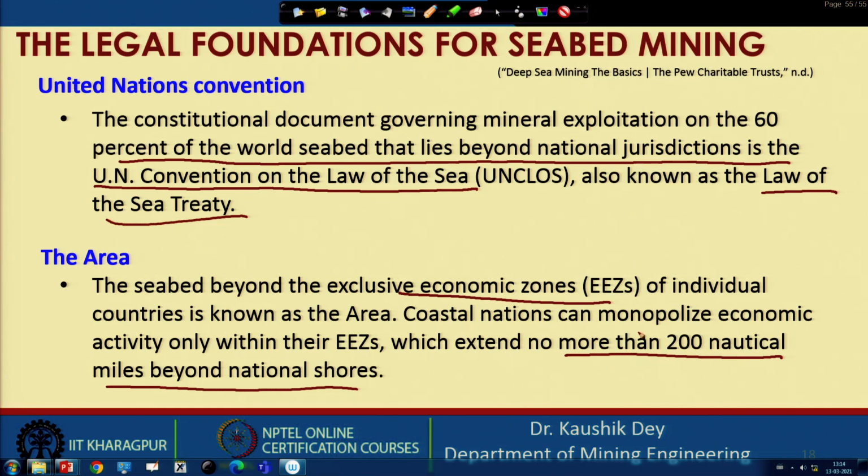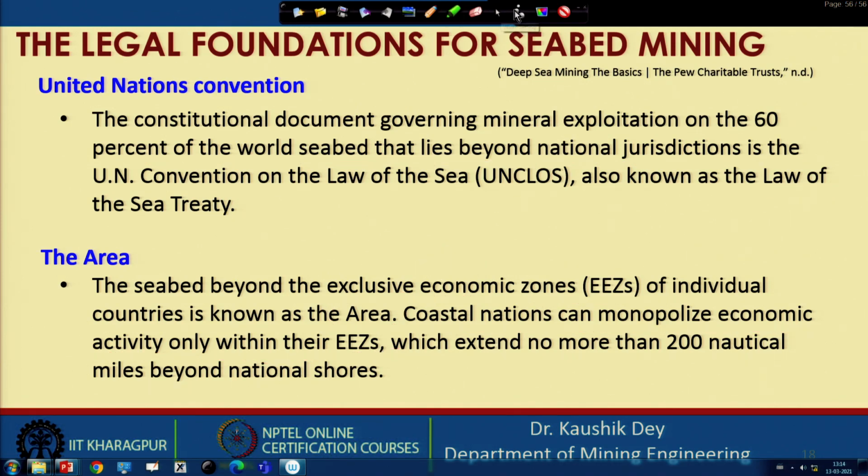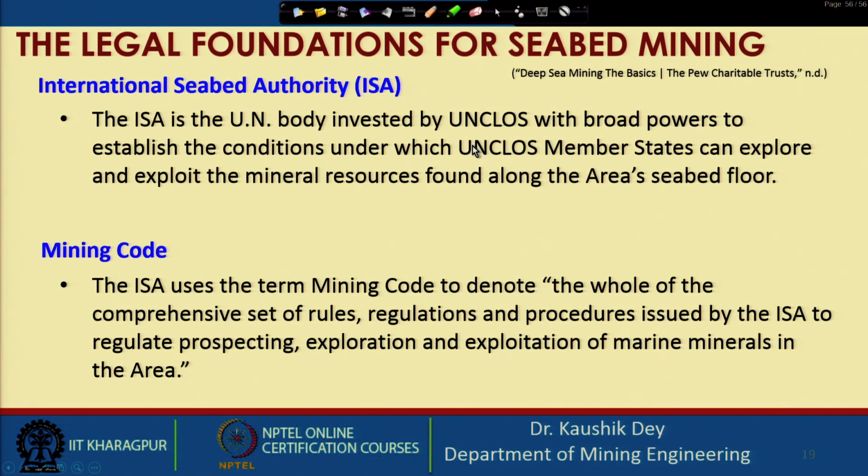The continental shelf is considered the exclusive economic zone of individual countries, and coastal nations can have their monopoly on excavating in this continental zone. So, as per this convention, this is already established, and the International Seabed Authority has the power to regulate all these things.